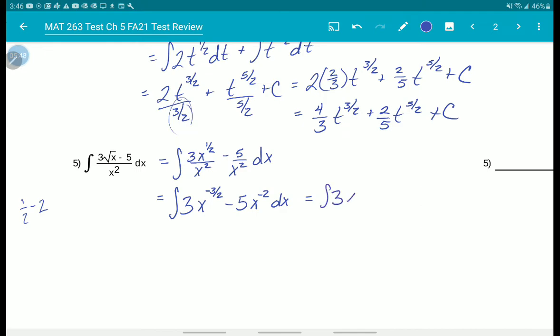We can think about integrating each one separately. So I'm going to add 1 to the exponent. -3/2 plus 1 is a -1/2. And I would divide by -1/2, which is the same as multiplying by the reciprocal.